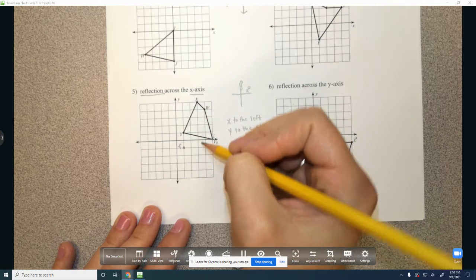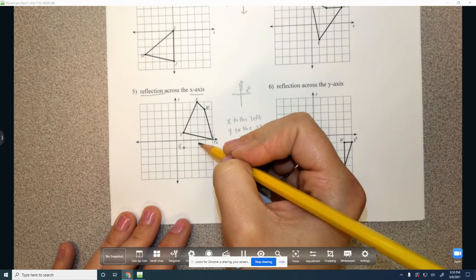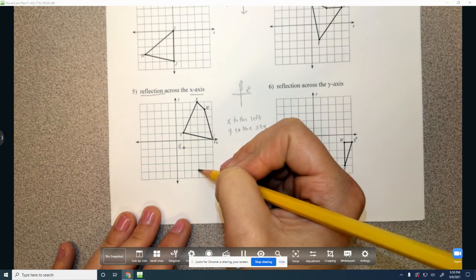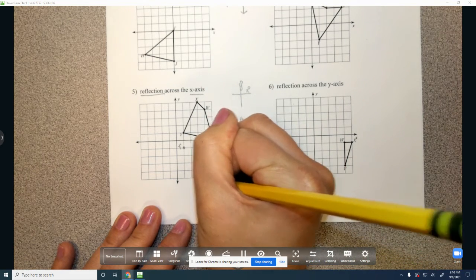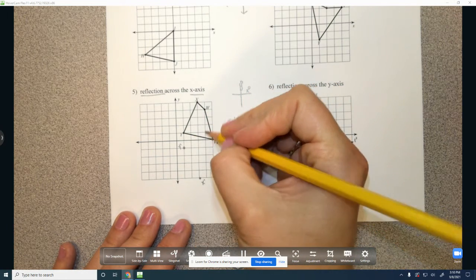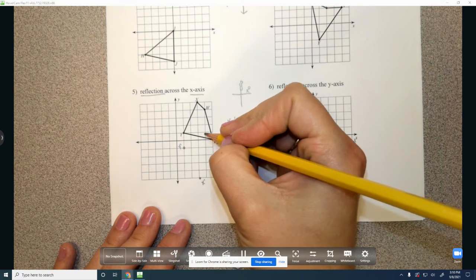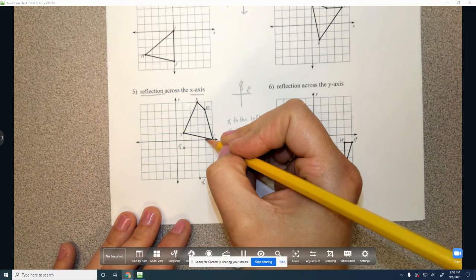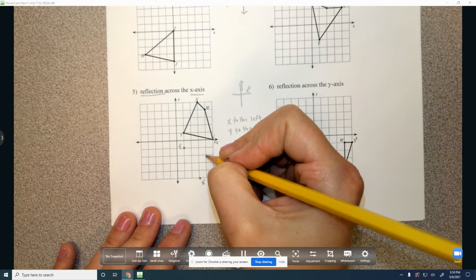So I know my X prime is going to be 5 units down from the x-axis. 1, 2, 3, 4, 5. X prime. Okay, my W is, find your x-axis, 1, 2, 3, 4 units up. So I know I need to go 4 units down. 1, 2, 3, 4.